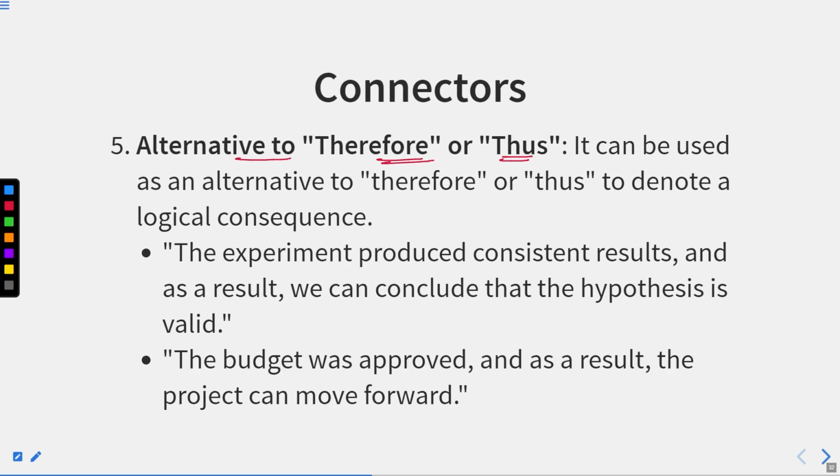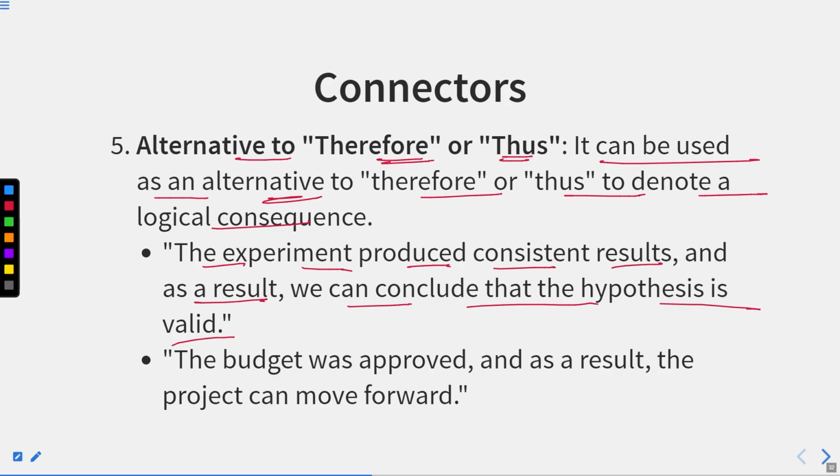Alternative to therefore or thus. It can be used as an alternative to therefore or thus to denote a logical sequence, because the function of all these three is the same. The experiment produced consistent results, and as a result, we can conclude that the hypothesis is valid.